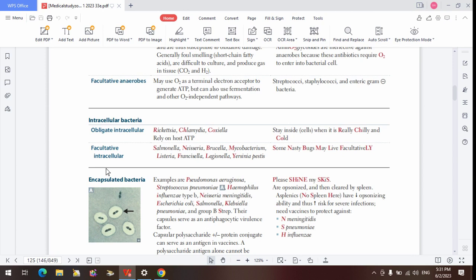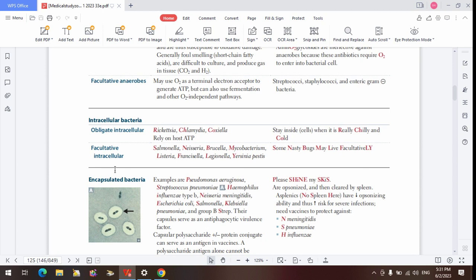Some will be outside, so you can easily culture them. And when we say they are inside, that means they're inside macrophages or something. But if you have extracted them, like maybe you have an infection and you put it in the growth medium, you know you are going to grow that organism in that growth medium, and it will not be growing inside macrophages because it is not inside the body again. You have brought it outside.